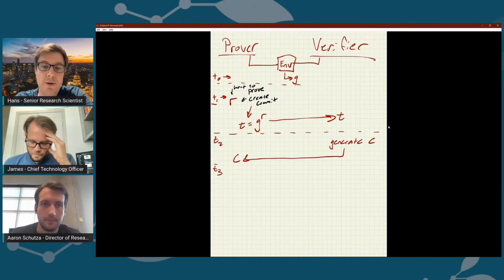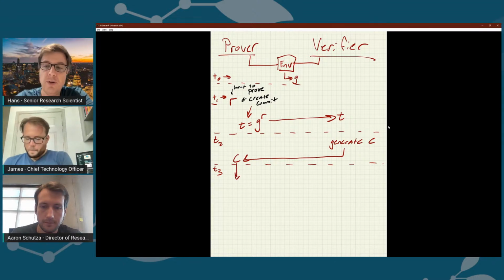Then at time t3, the prover generates their response. So the response is equal to s, which is equal to r plus x times c.